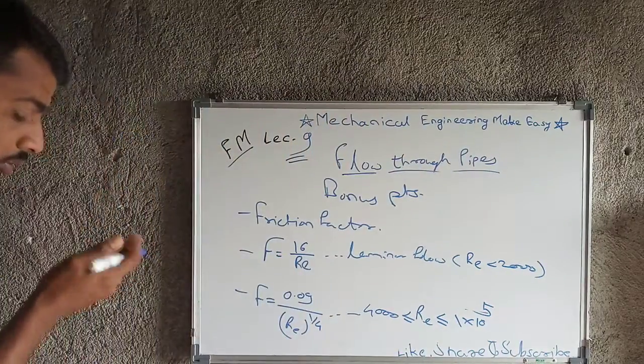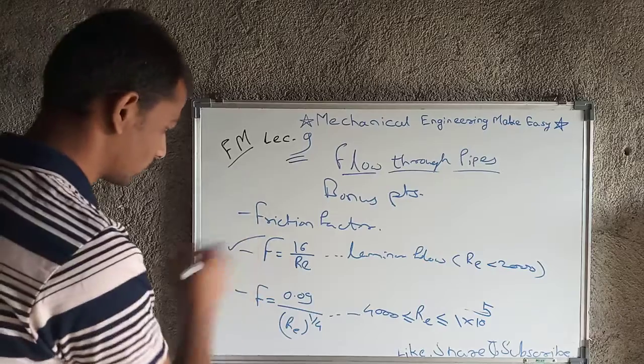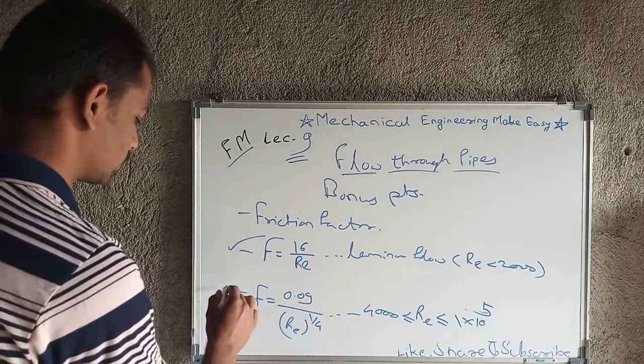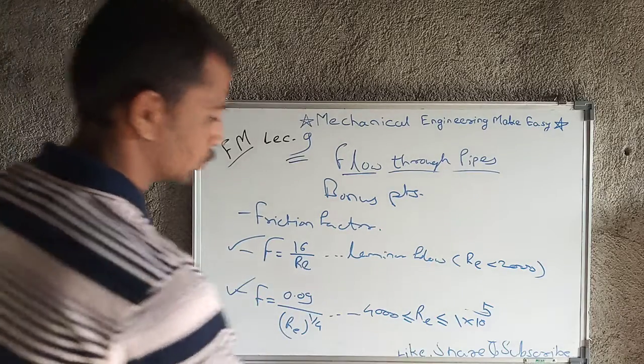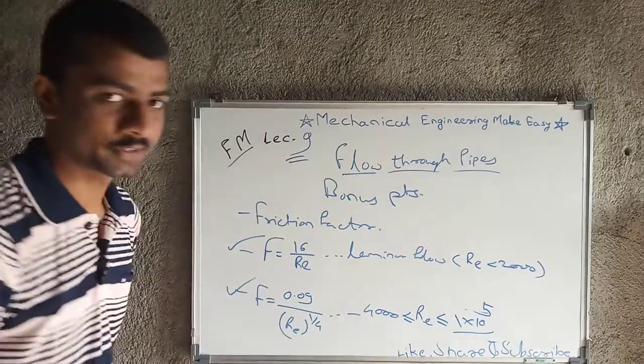So this is the equation for Reynolds number less than 2000. This is the equation for Reynolds number greater than 2000 up to 1 into 10 raised to 5.